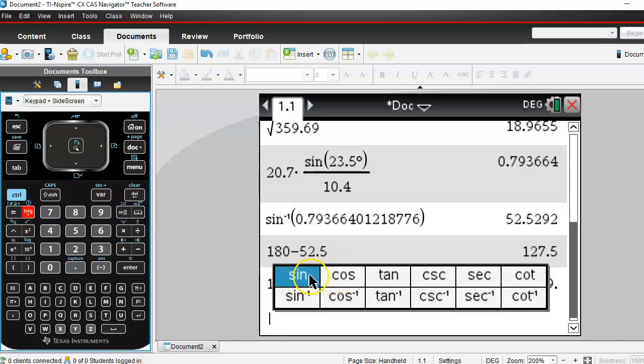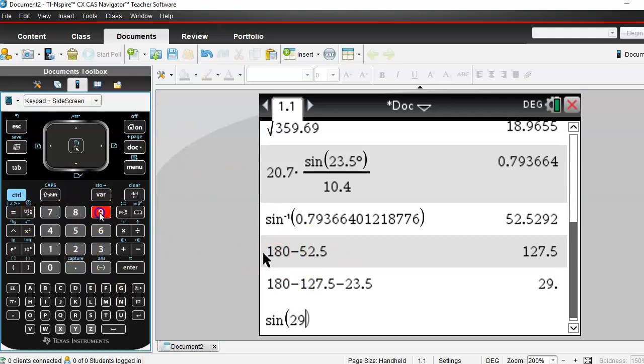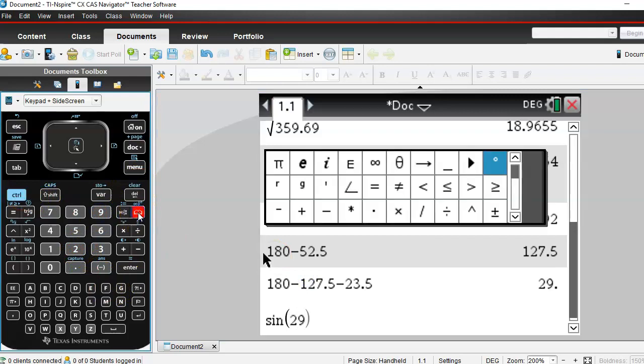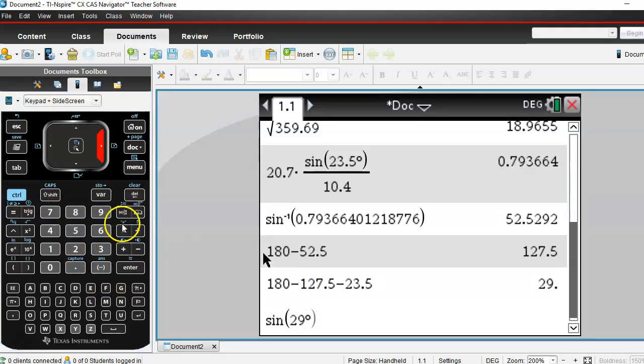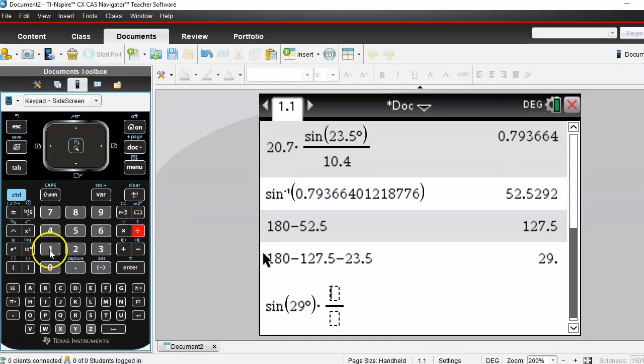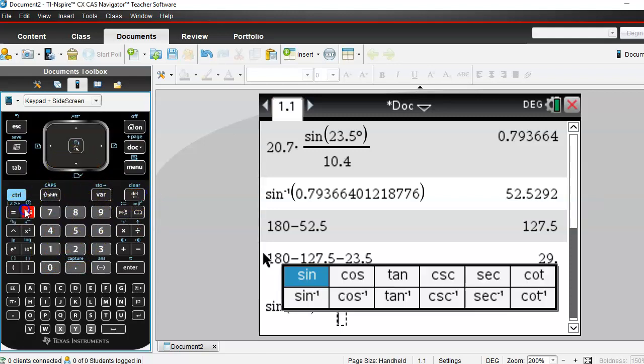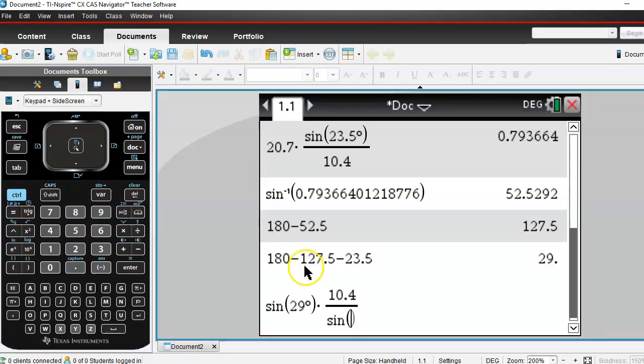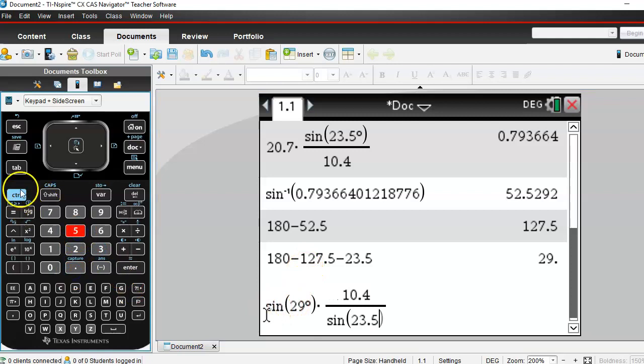So sine 29 degrees times by fraction 10.4 over sine 23.5 degrees.